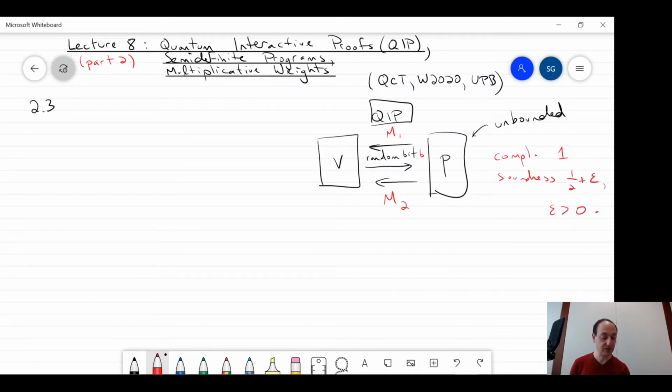So fix your favorite constant greater than 0. This is the basic compression result for QIP we're going to assume in the background. Again, that's a non-trivial assumption. Classically, for classical IP, you can't do this compression to 3 rounds. It doesn't work, as far as we know.